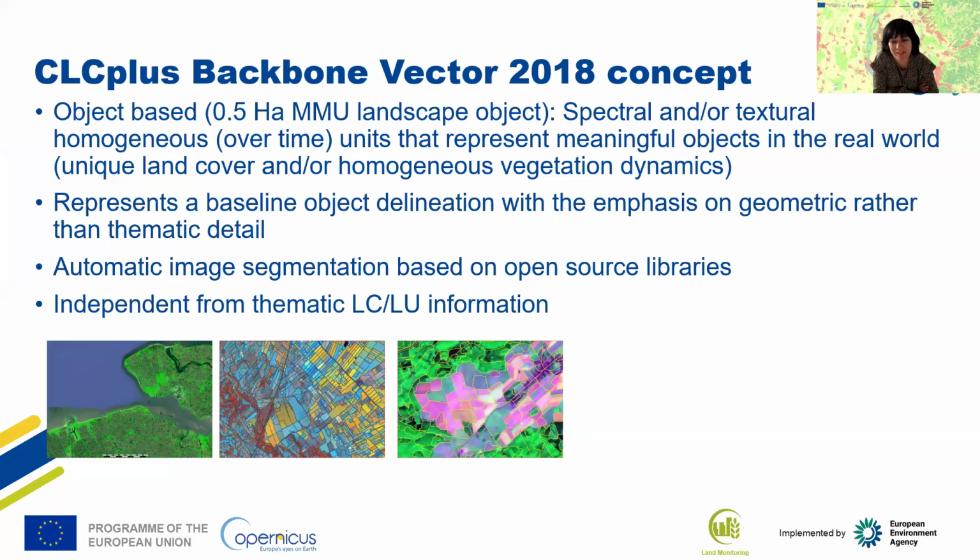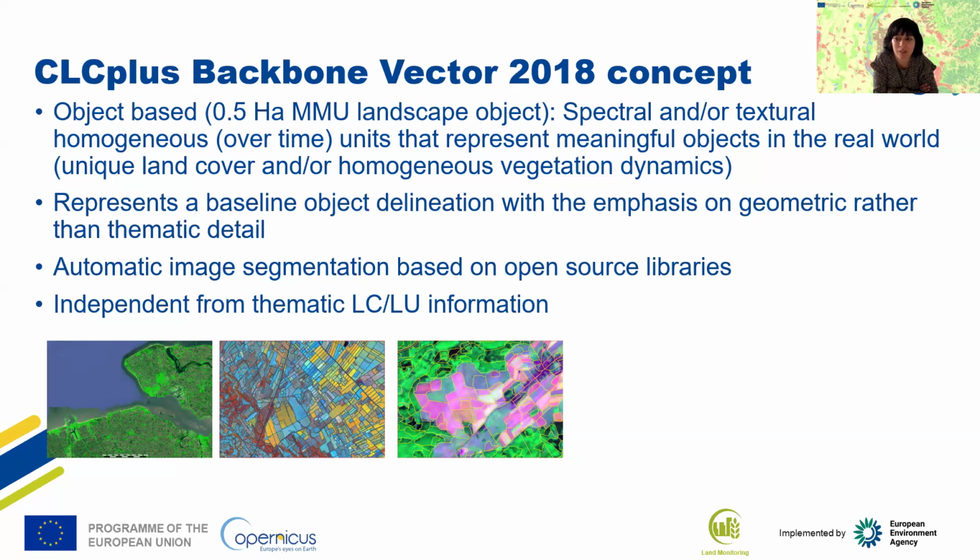So the vector product, besides the raster product that you've seen, which already has a history and a future within it, there is also a CLCplus Backbone vector product. In this case, it is done one time only, for 2018. Its concept is based mostly on identifying meaningful objects that have a spectral and or textural homogeneity over time.